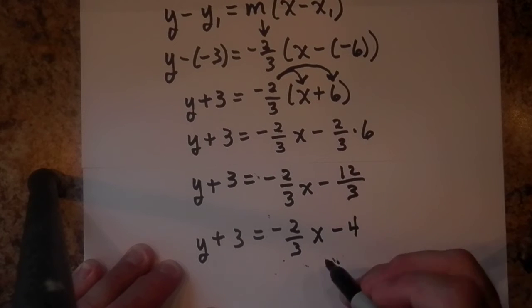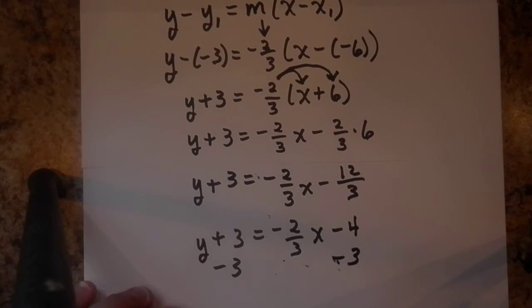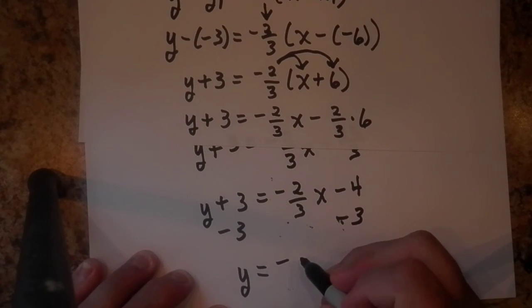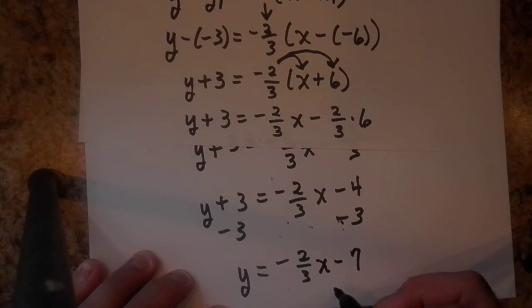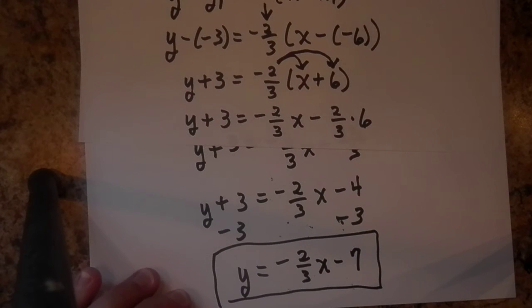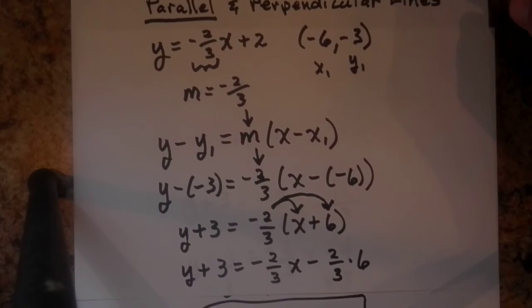is 4. Then I'm going to subtract 3 from both sides, so that my final equation is y equals -2/3 x minus 7. And that's my final answer. Notice that it has the same slope as the original line.